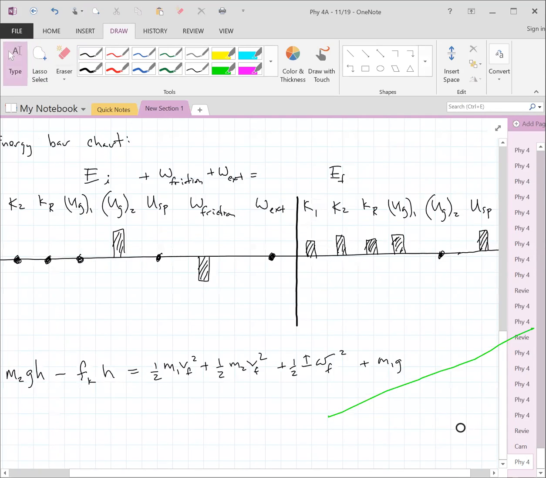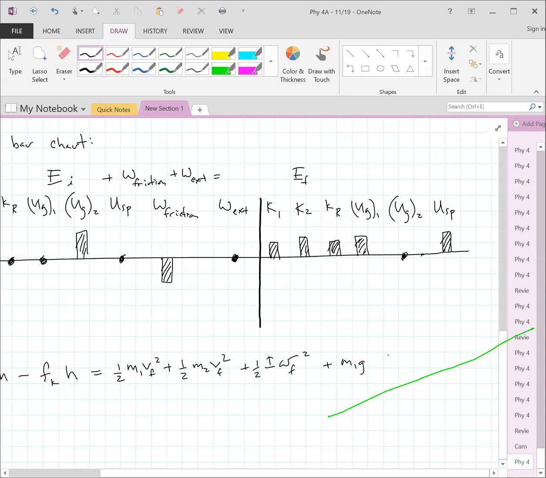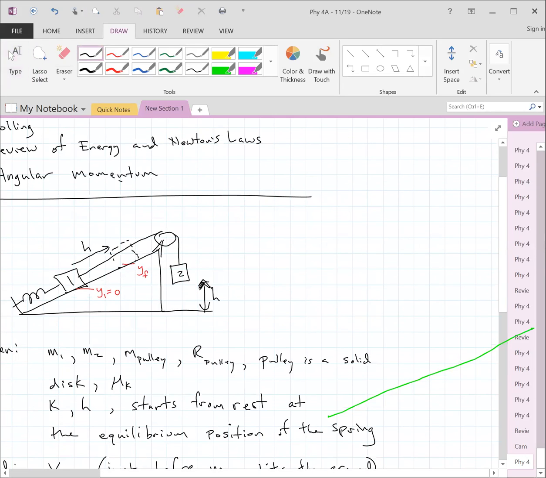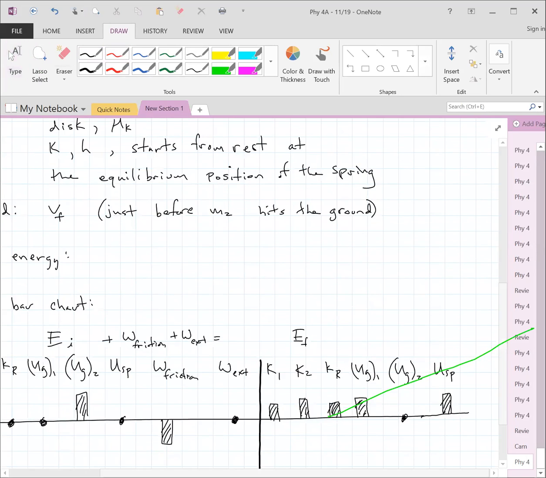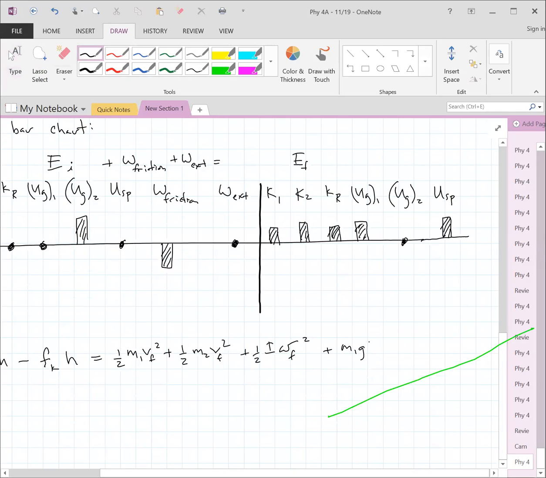What's its height at the end? This distance here is what we're looking for. I'll call it h prime. And h prime is just equal to h times the sine of theta.